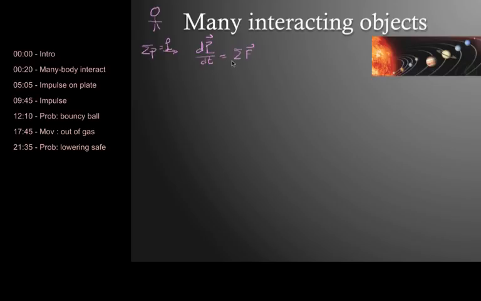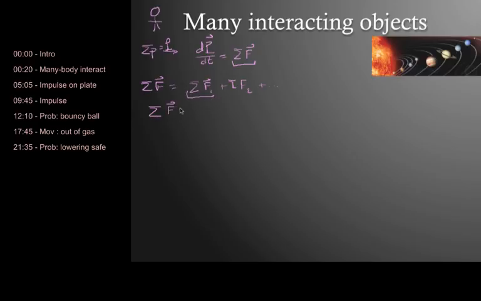So let's separate this part right here. This sum of the forces is actually the sum of all the forces on Mercury plus the sum of all the forces on Venus plus the Earth and everybody, and don't forget the Sun. So what is even this piece? All the forces that are on Mercury.